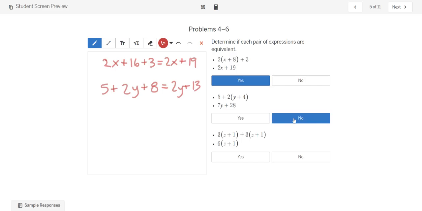That's a no. I've got 3z plus 3 plus 3z plus 3, which is the same as 6z plus 6. That's a yes. I could have just seen that it's 3 of those plus 3 of those is 6 of those. That would have also worked.